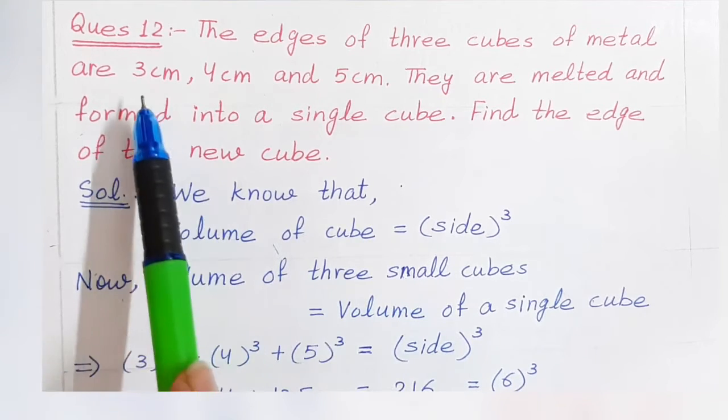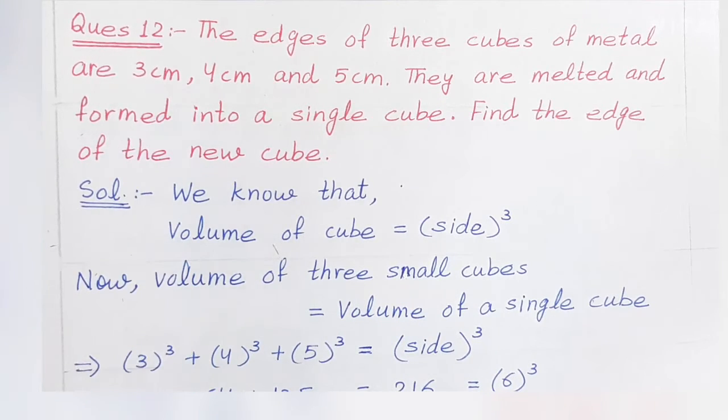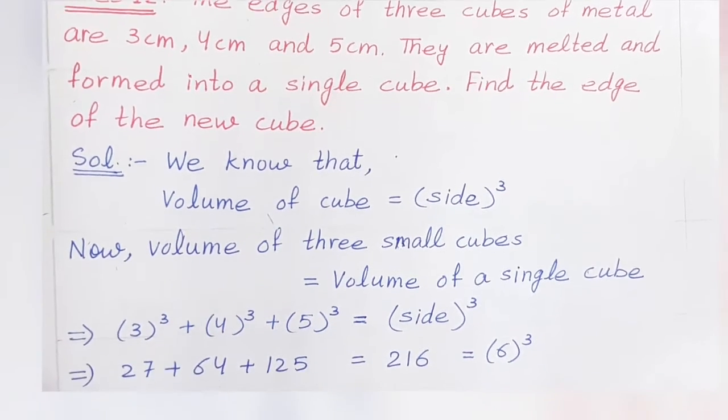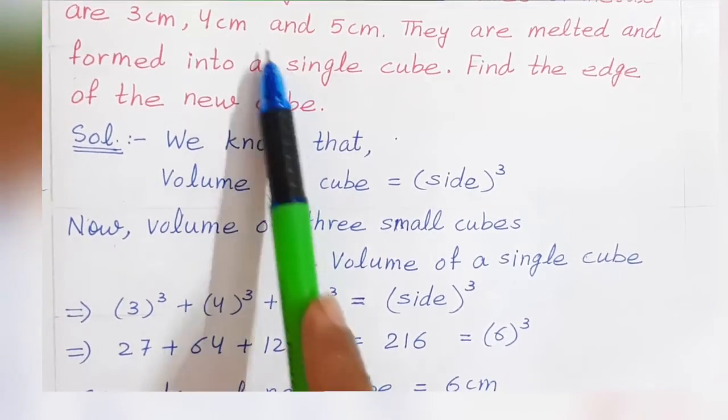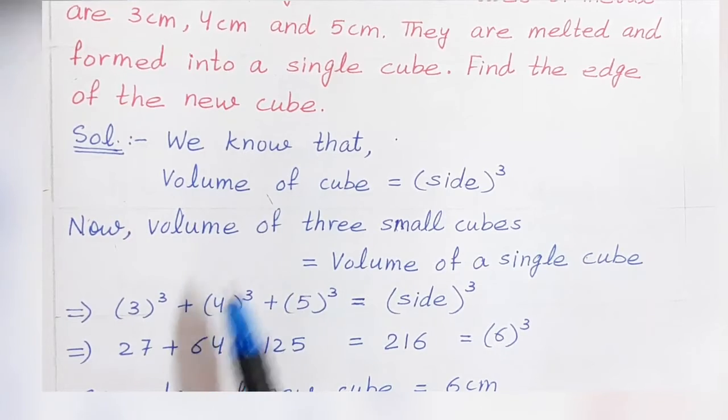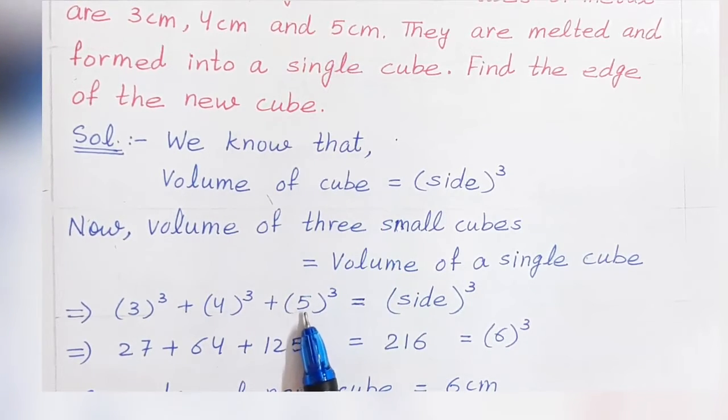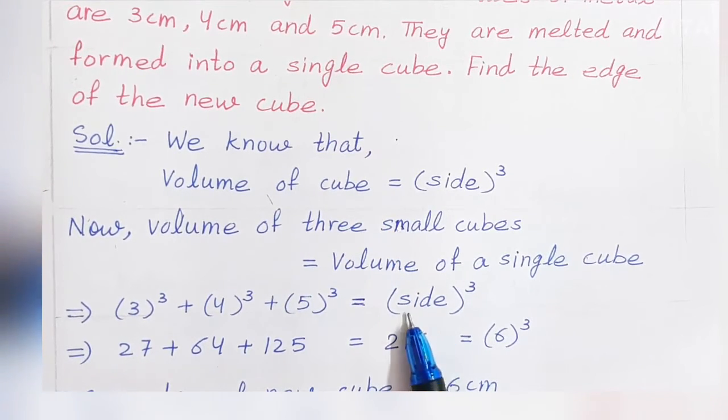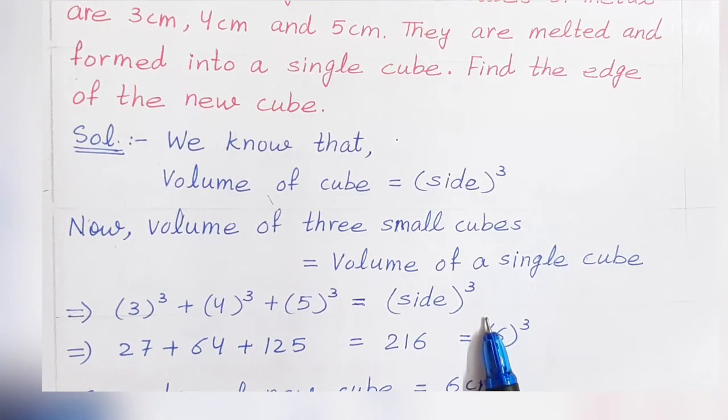Now volume of first cube will be 3 cube, right? And volume of second cube is 4 cube. Third is 5 cube, that is equal to side cube of a single cube. Clear?